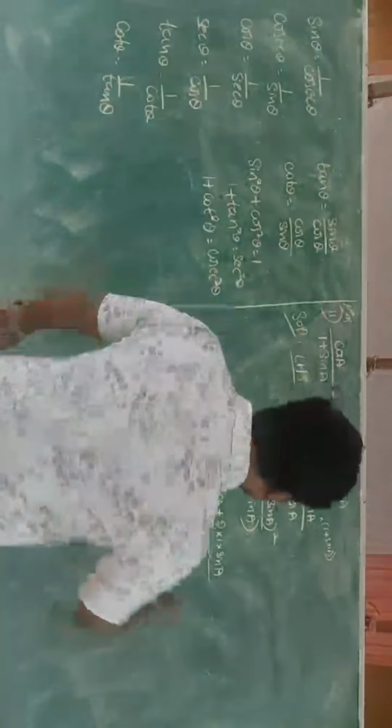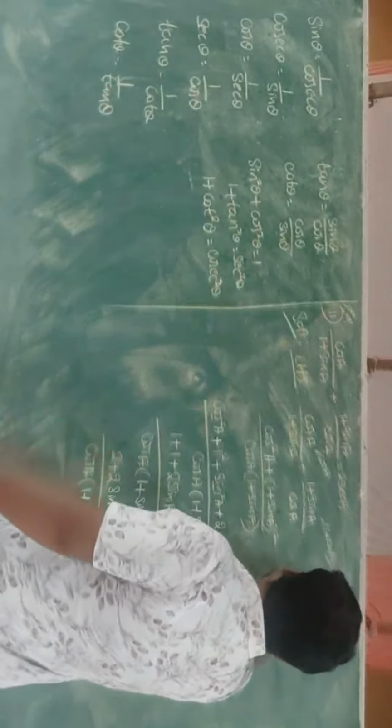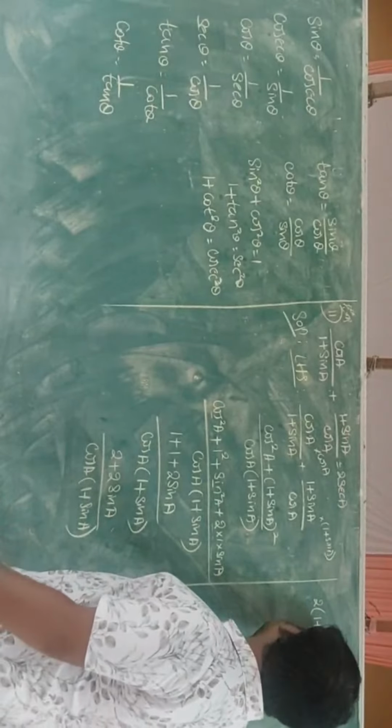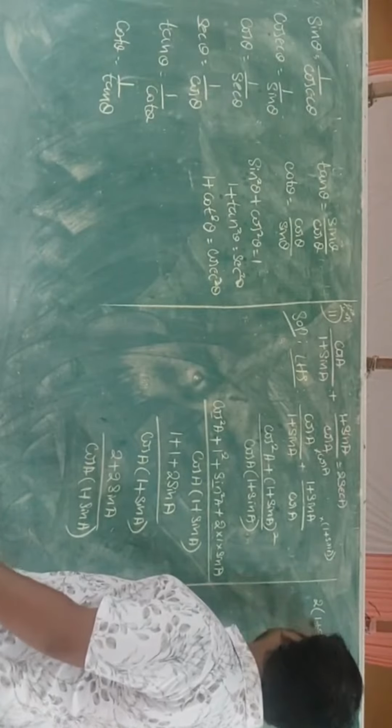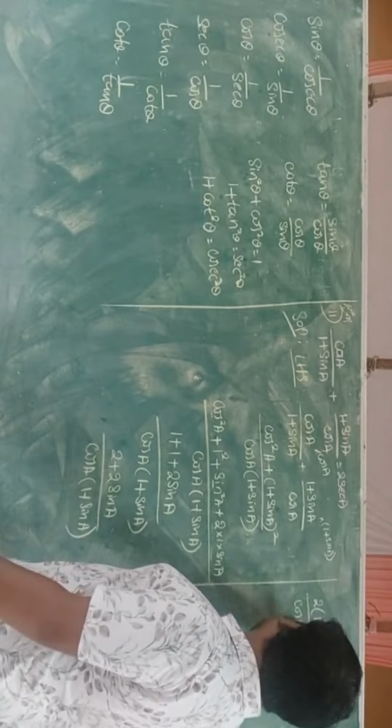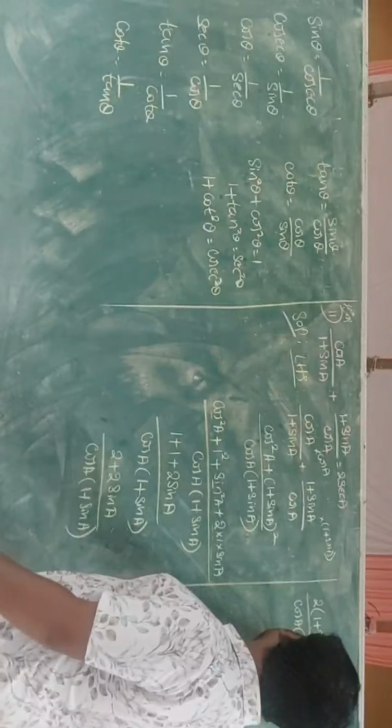Take it outside: 2 into (1 plus sin A) divided by cos A into (1 plus sin A).